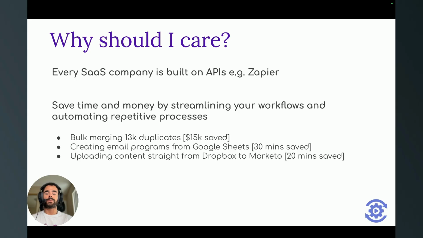And then the last example is whenever there was a new piece of content that our product marketing team wanted to promote, they'd fill out a Google form, and they'd put in a Dropbox link to the piece of content. Then using the Marketo API, we'd upload the content straight from Dropbox to the Marketo Design Studio.